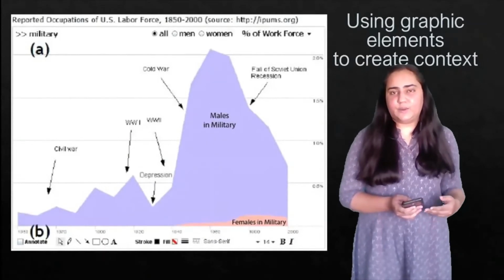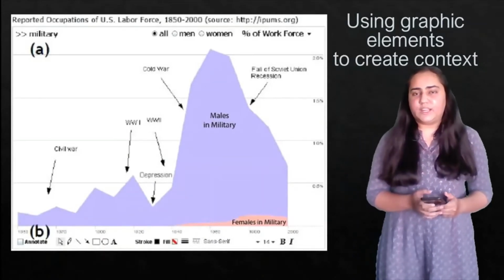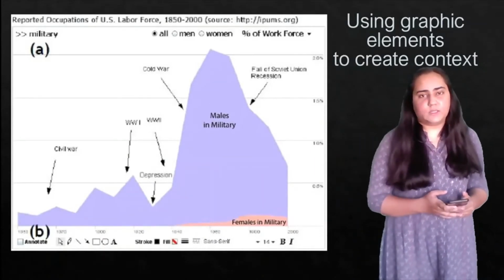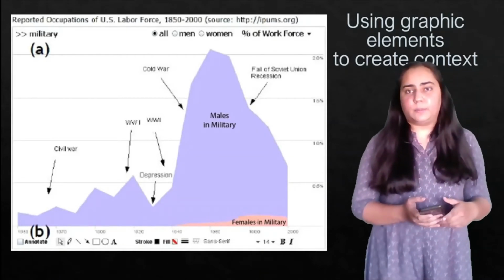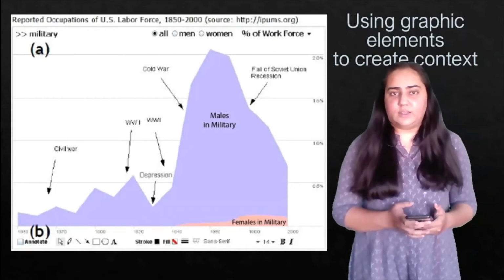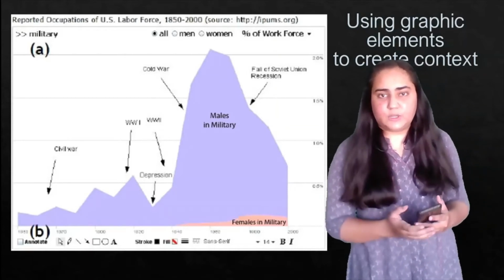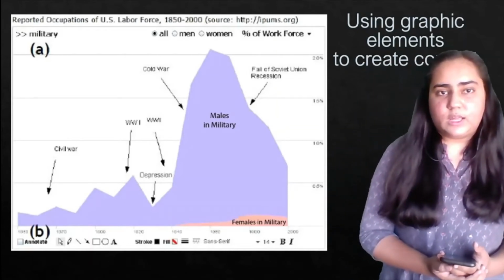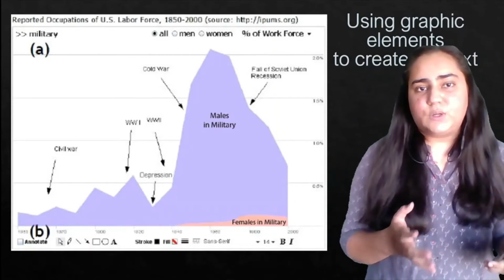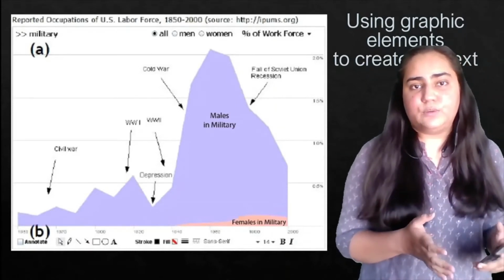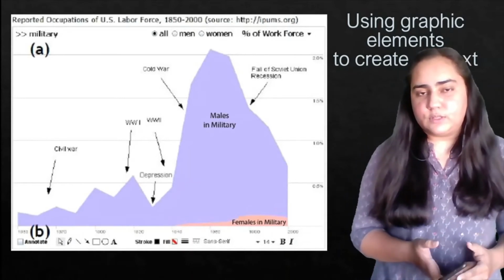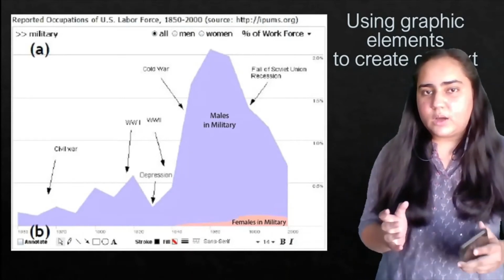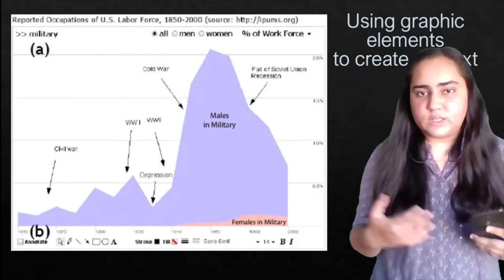Now, how exactly you can do that? You can see it right here in this graphic. You can see how exactly using graphics we have added some context, and you will see that this particular graphic that you see here is related to occupations of the US labor force, and it is from 1850 to 2000. And you can see how the graph itself shows something.